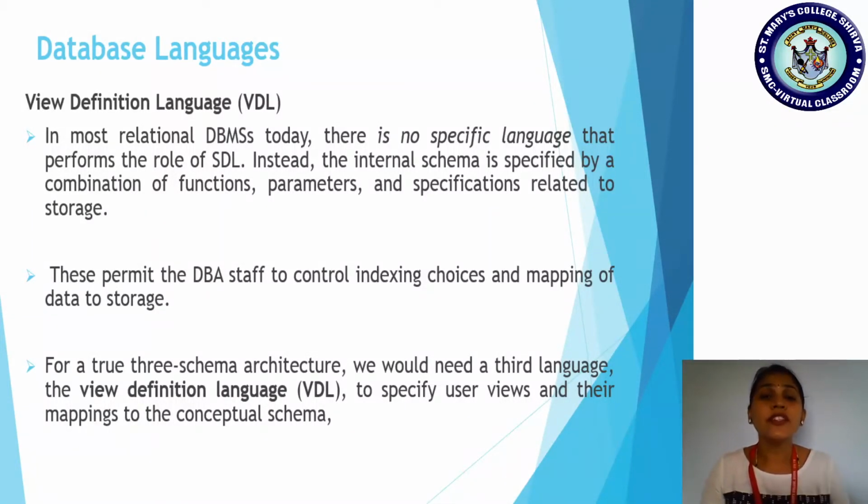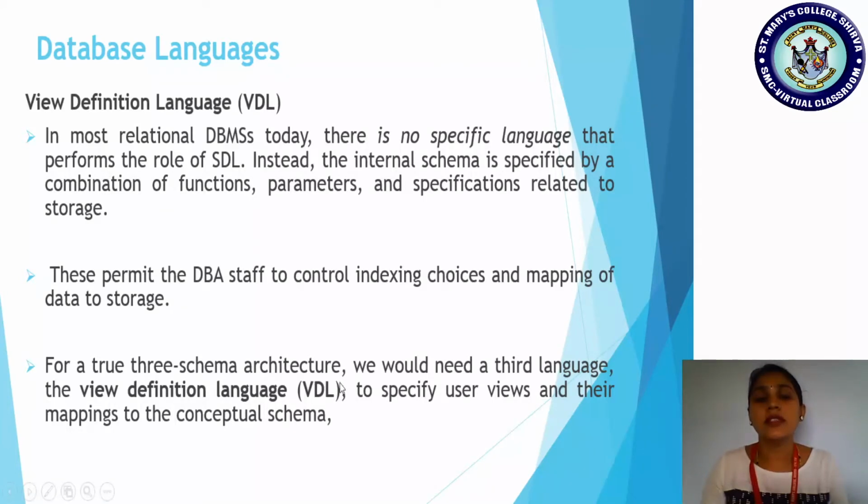So view definition language is a language required by the end users to view whatever data they are particular about. For example, if I want to view the course details of database concepts, I need to give the subject name, or if I know the subject code or course ID, based on that I should fetch the information.